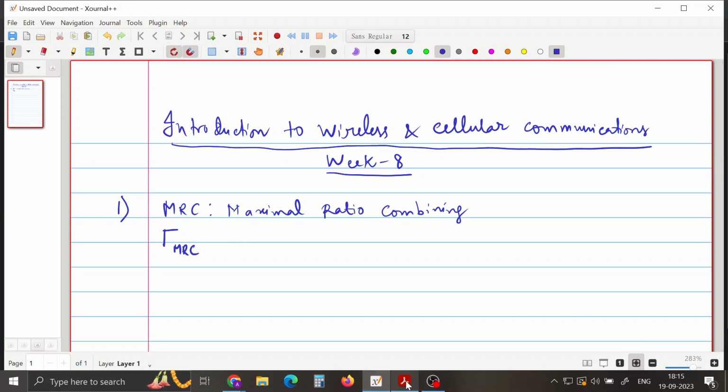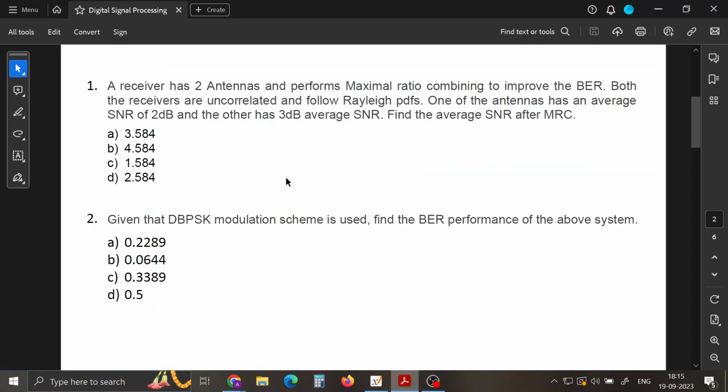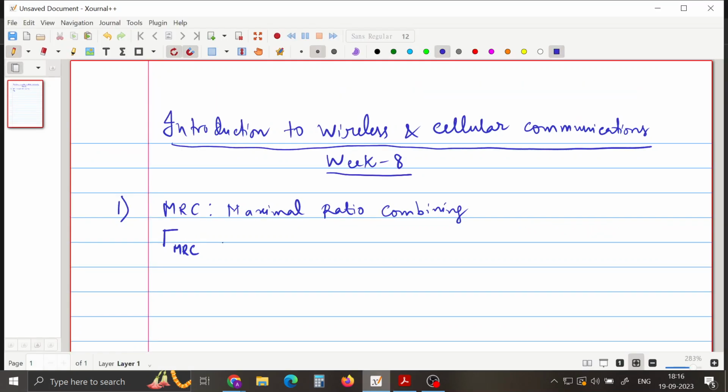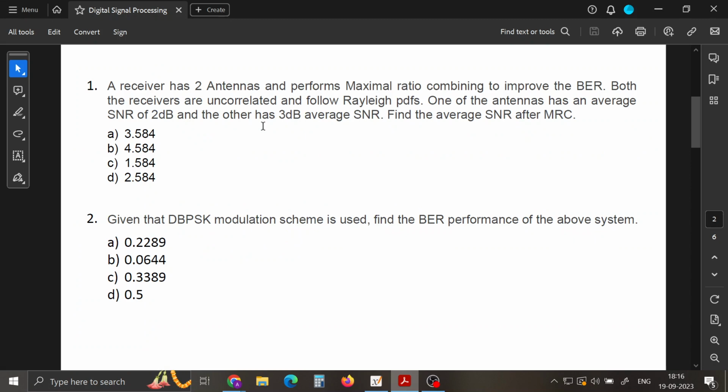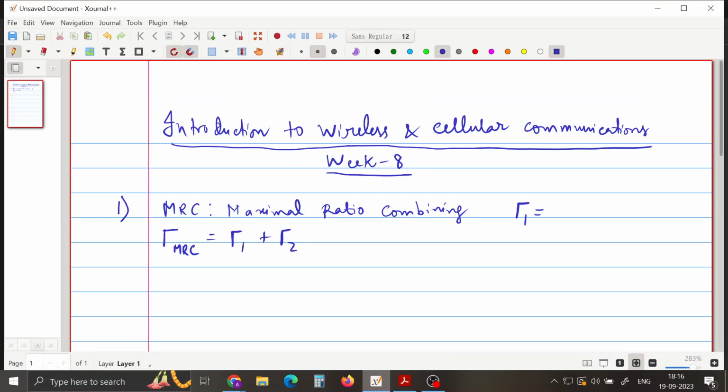It's purely just the sum of the individual average SNRs. So in our case, there are 2 antennas in the receiver. So your gamma MRC will be simply gamma 1 plus gamma 2, right? And gamma 1 and gamma 2 are already given in the question. Gamma 1, the average SNR of the first antenna, is 2 dB and the other one has average SNR 3 dB. So gamma 1 is 2 dB and gamma 2 is 3 dB. That's given. And now we have to convert from dB to linear scale.